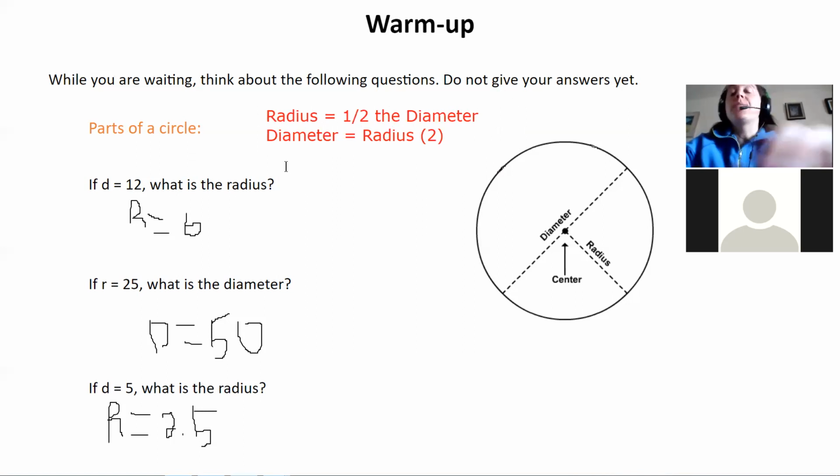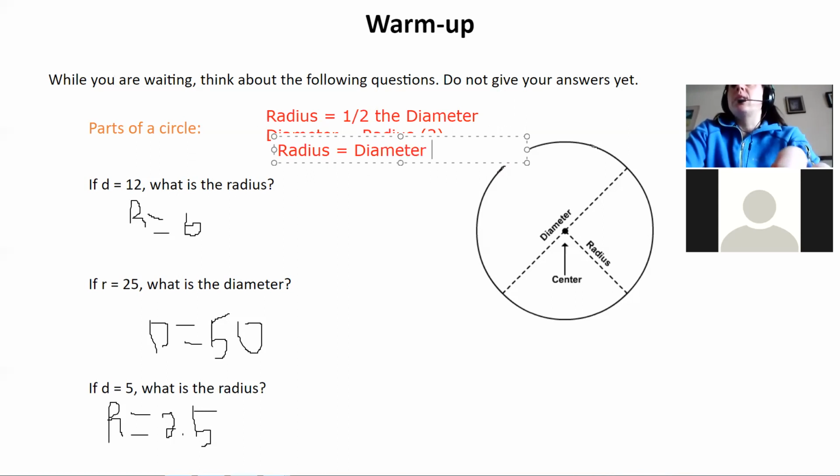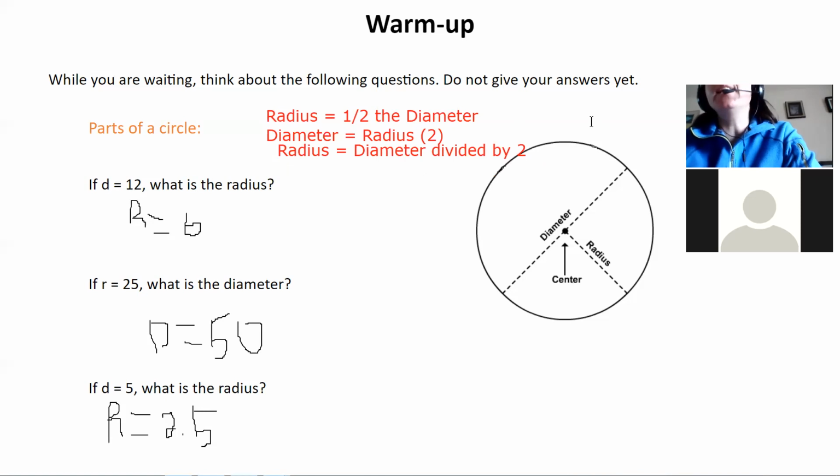Another way to view that is if you need to get a radius, you take the diameter and divide by 2. There are a few ways to view that, but whatever the radius is, it's going to be half of the diameter. The diameter is the distance across the whole circle from side to side. It has to go through the center, and the radius is half of that.